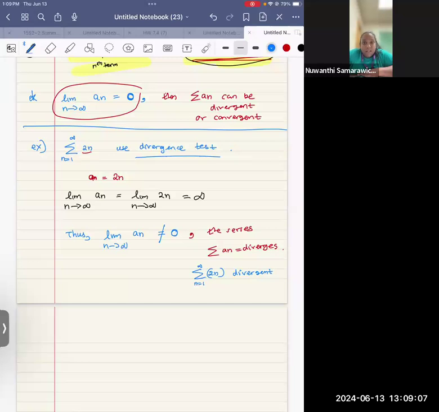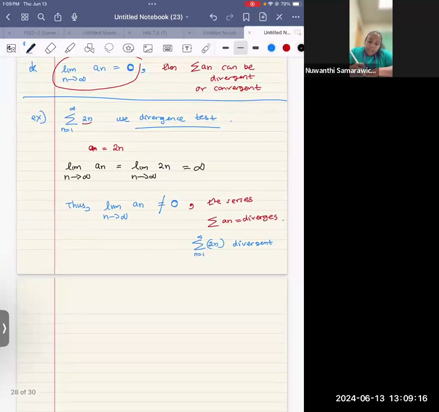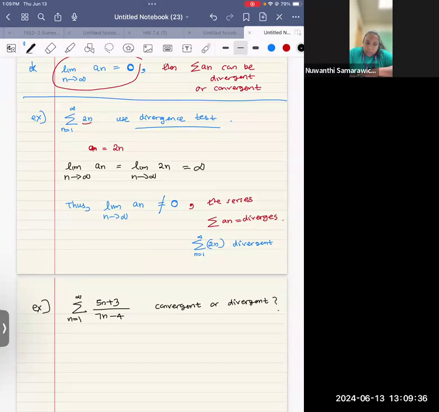So it's easy, right? The divergence test is easy compared to the previous method we did. Then the same thing, can you find the infinite series of 5n plus 3 divided by 7n minus 4? Is it convergent or divergent? Use the divergence test.